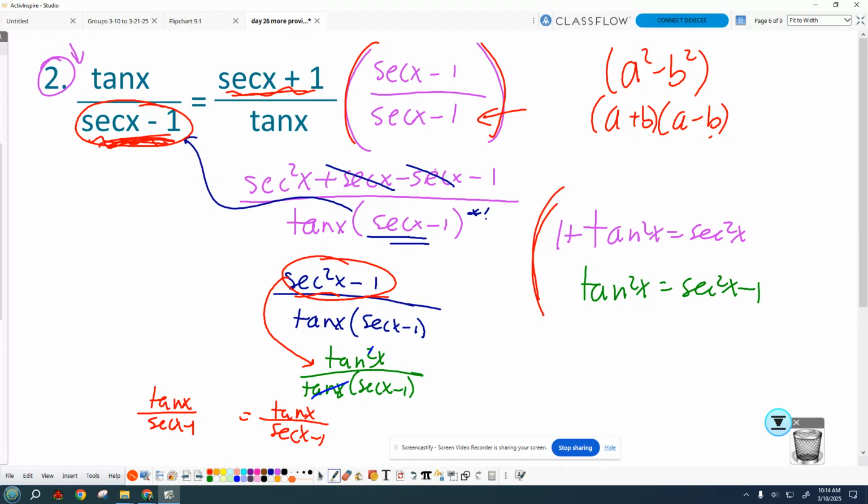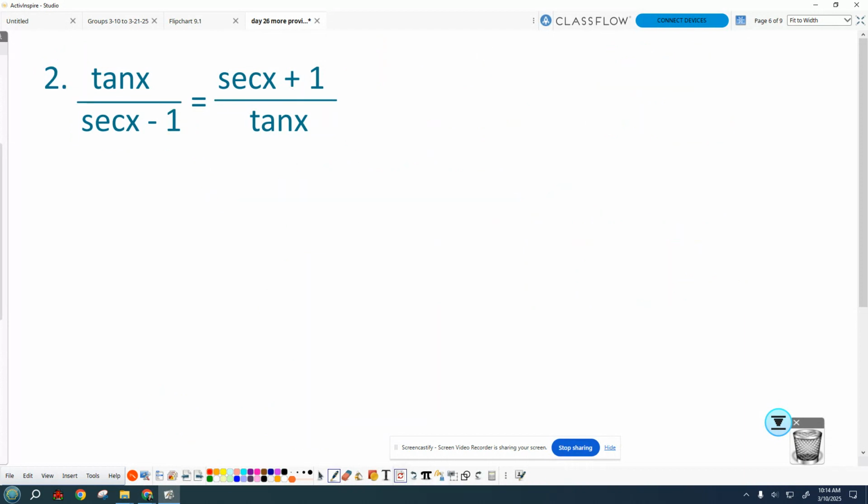Others have started by trying to, all right, oops. So you guys took that advice of, well, I see a tangent on the other side, so I want to multiply by tangent on both sides. Okay, or top and bottom. My suggestion to you guys is, hold on, this side has a tangent all by itself. Don't multiply that out.